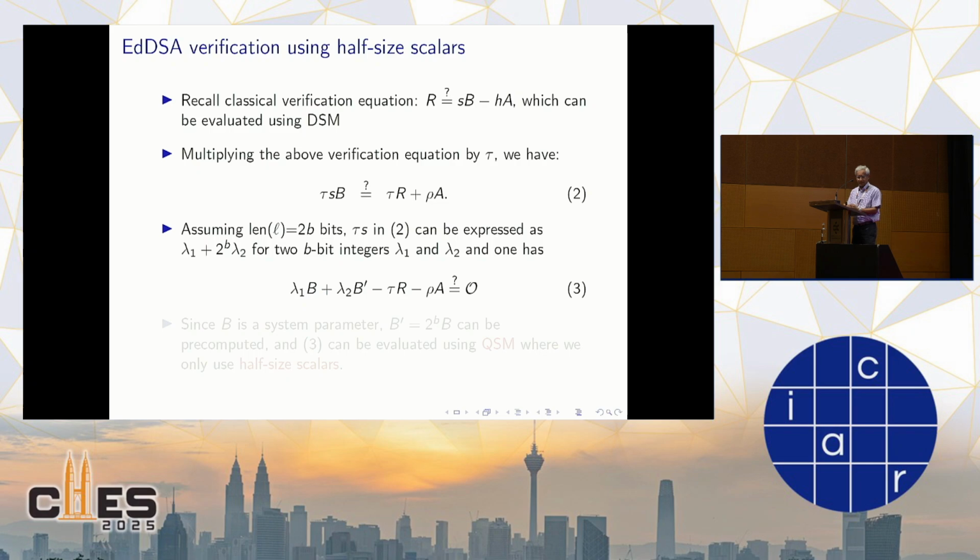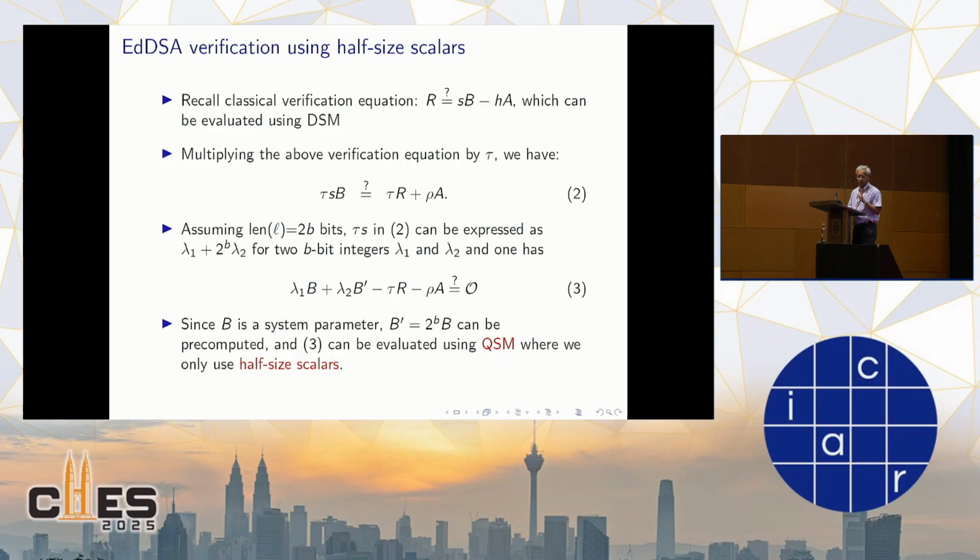Actually, after multiplying tau and S, and then taking mod L, we can split the result into two parts, the lower b bits and the higher b bits. That will give us what you see in equation number 3. Here B prime is really a pre-computed point because B is known, and B prime is 2 to the power b times B. The point here is that equation number 3 is a quadruple scalar multiplication.